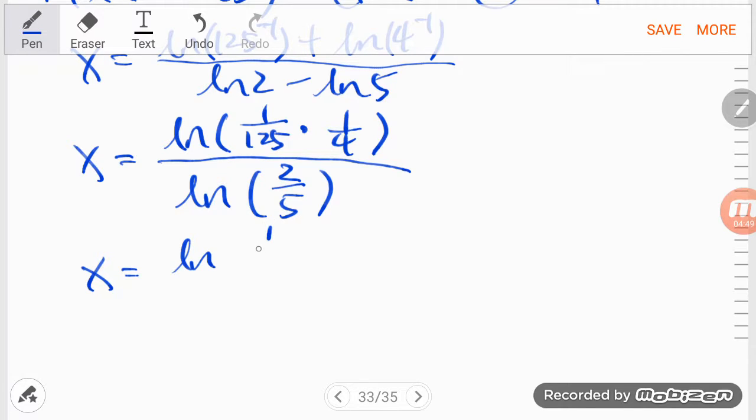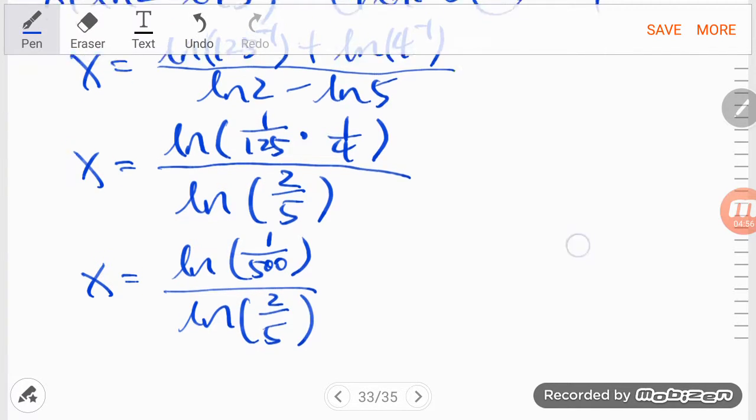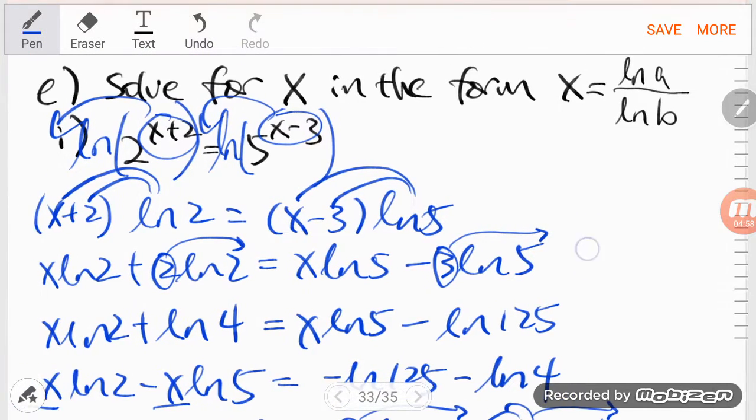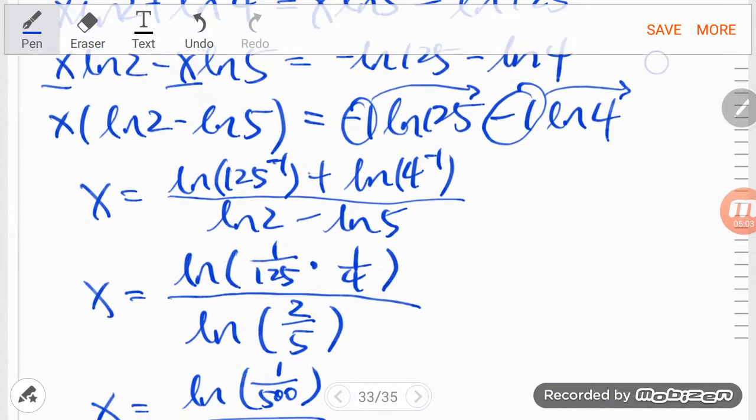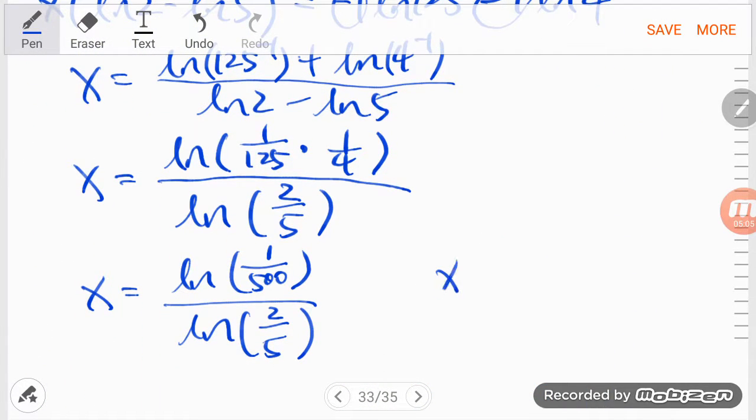So I'm just going to copy that down. My x is equal to ln A over ln B. So I have my x right now looking just like that, where my A is equal to 1 over 500 and my B is equal to 2 over 5.